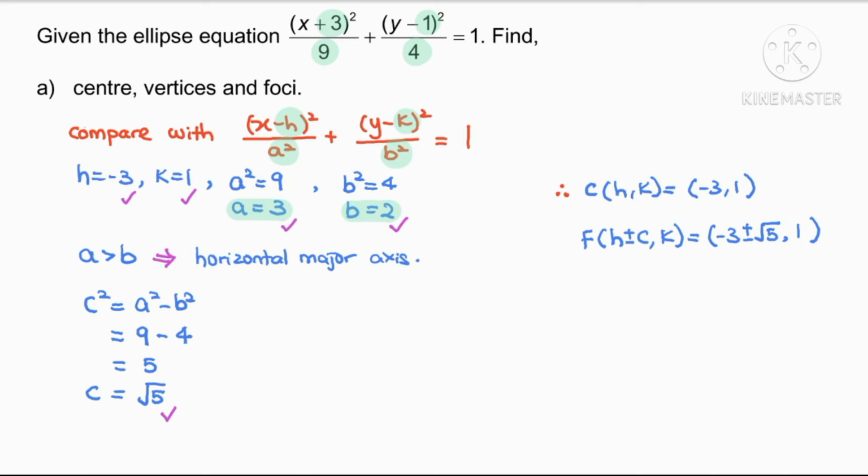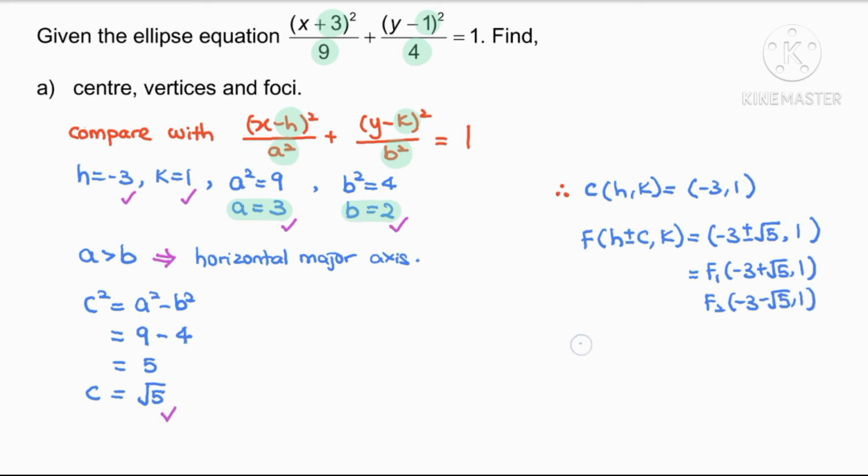So here we have two coordinates. The first coordinate we let as F1 is (−3 + √5, 1). And the other one, F2, is (−3 − √5, 1).